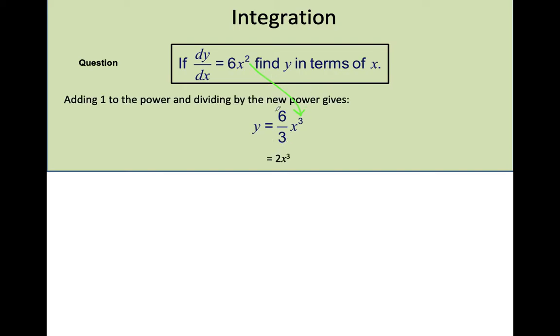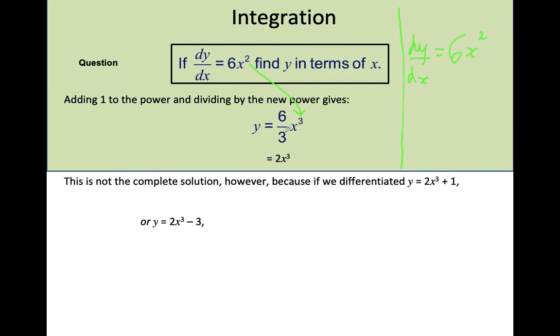So simplifying, 6 divided by 3 is 2x cubed. Now, if we were to check this and differentiate the 2x cubed, we would get back to the question again. So dy by dx of 2x cubed is going to be 2 times the power, which is 6, and then reduce the power by 1, which is to the power of 2.